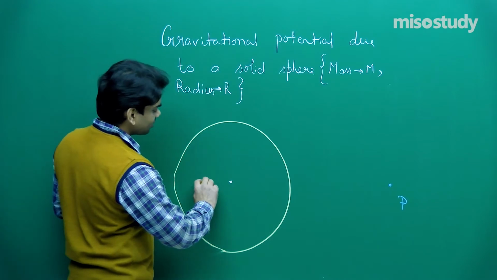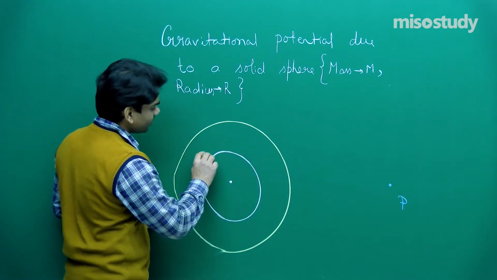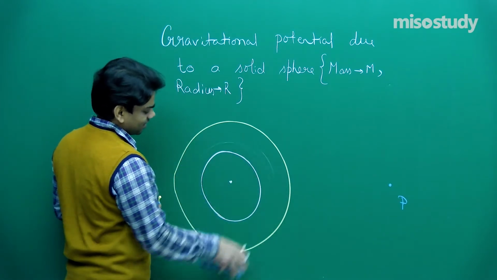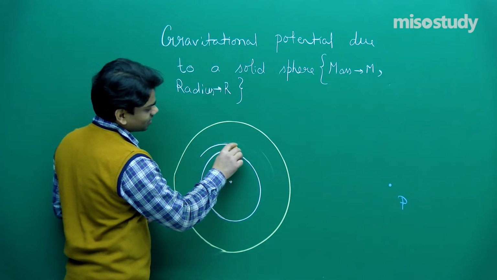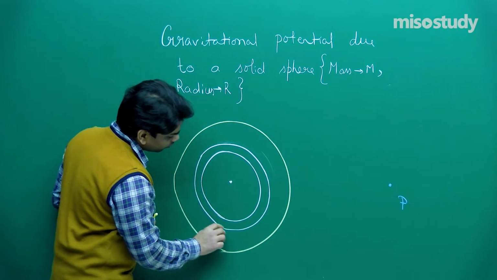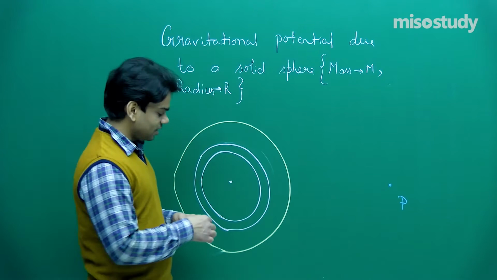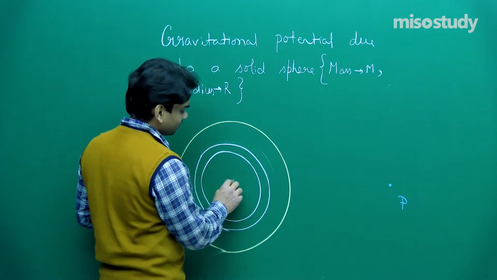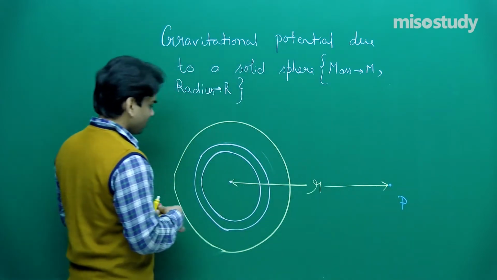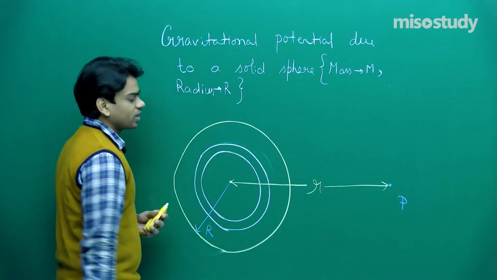Can we imagine a hollow sphere whose radius is x and whose width is dx? The distance from the center of the solid sphere to the point P is given as small r, and the radius of the solid sphere is capital R. This is what has been given.